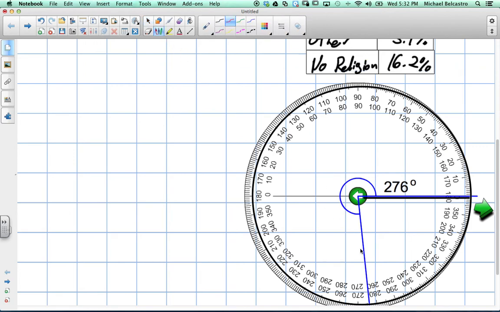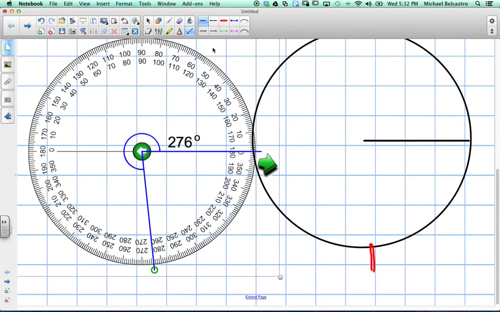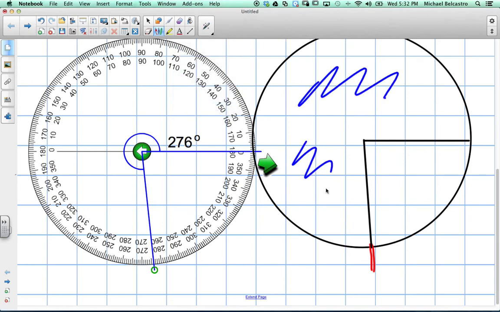So let's get a little pencil, and I'm going to make a mark there. So that's telling us how big our pie graph has to be. I draw my next line from the center to here. So all of this space represents Christian. That's 76%.